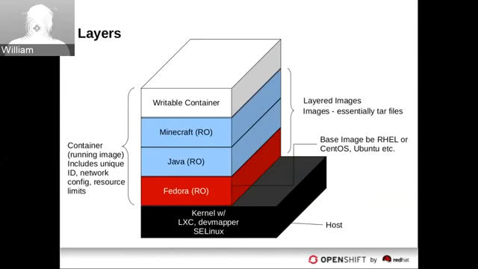Okay. So the idea then is you have a base image, which could be RHEL or CentOS or Ubuntu etc. Then you layer in extra packages on top of that, which become separate layers. And when you run it, that's your container. And you could have lots of containers running on your host, as long as that host supports LXC.